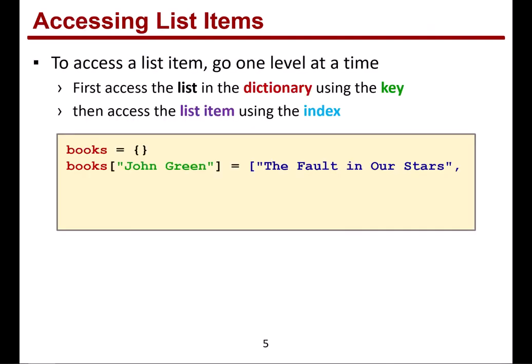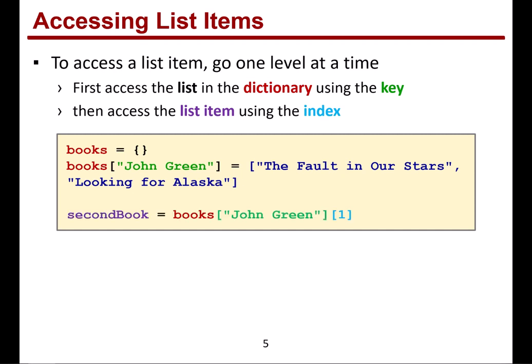So to access list items, what we do is we just go one level at a time. So first we access the list, which is done via the key. Then we access the list item with the index. So for example, this is the code we had before, which made the list inside the dictionary. Now, if we want to read one particular book, what we do is we say books bracket John Green.